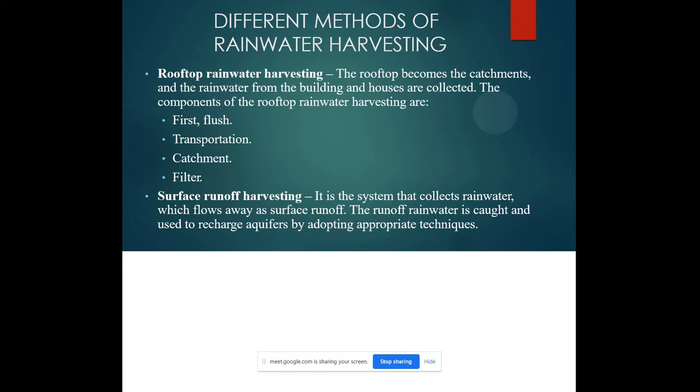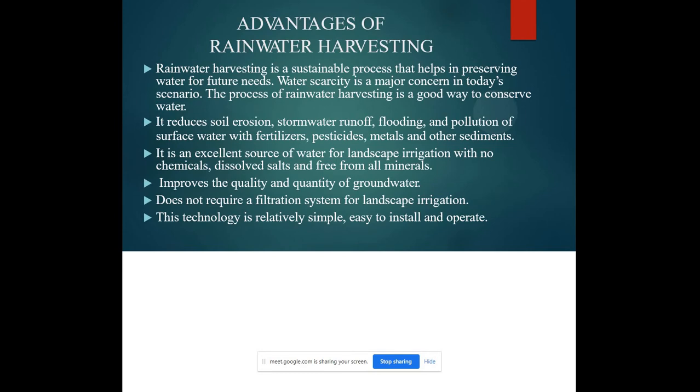Advantages of rainwater harvesting. Rainwater harvesting is a sustainable process that helps in preserving water for further needs. Water scarcity is a major concern in today's scenario. The process of rainwater harvesting is a good way to conserve water. It reduces soil erosion, stormwater runoff, flooding, and pollution of surface water with fertilizers, pesticides, metals, and other sediments.